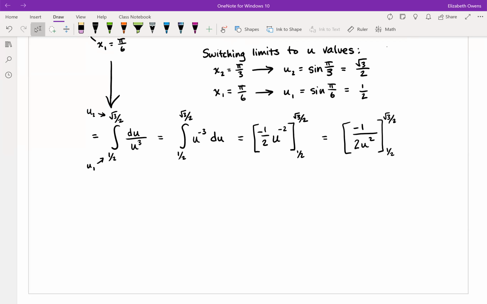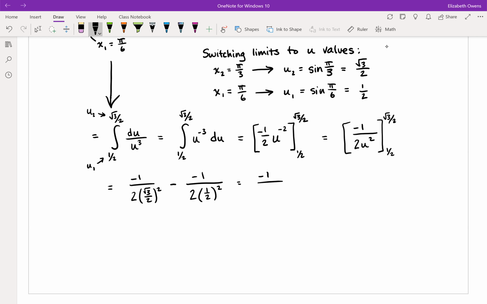Okay. And so, yeah, we're going to evaluate now. First, plug in your upper limit of integration. So negative 1 over 2 times root 3 over 2 squared. And then subtract and plug in your lower limit of integration, 2 times 1/2 squared.